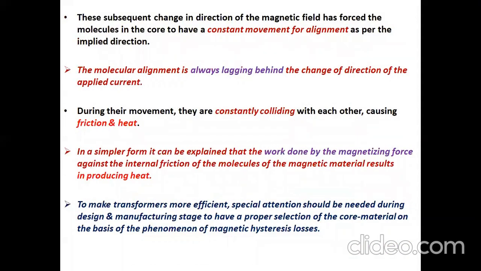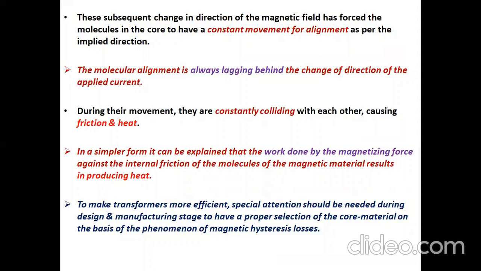This change in direction of the magnetic field forces the molecules in the core to have a constant movement for alignment as per the implied direction. The molecular alignment is always lagging behind the change of direction of the applied current. During their movement, they are constantly colliding with each other, causing friction and heat.